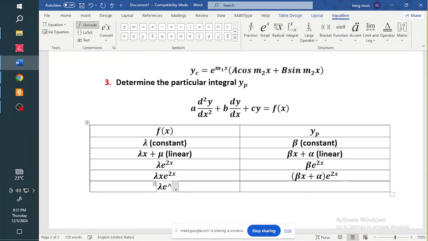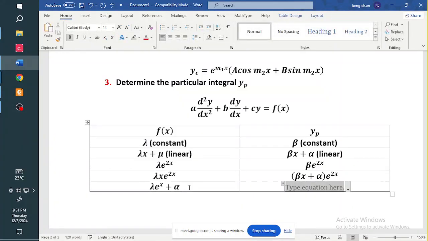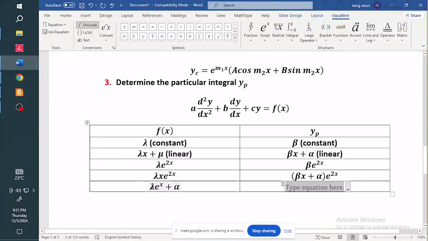Now imagine that you have something like lambda e to the power x plus alpha. What is this? Now your yp is going to be in the exact form, so you are going to copy this part.